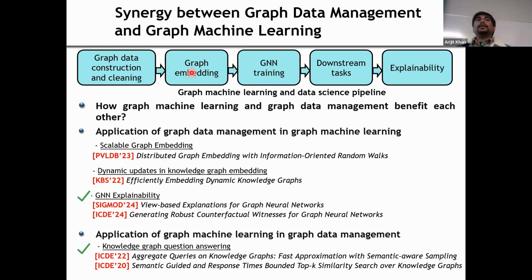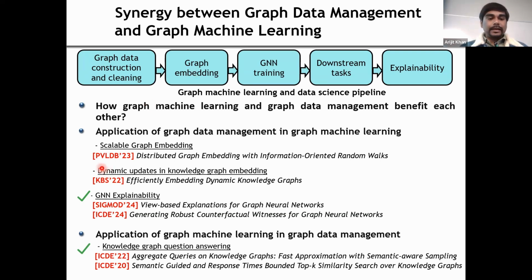Now, embedding learning or even training of a graph neural network is a very expensive process. And if your scale is very large, if you have a million scale graph, that's very, very slow. So how can we apply different data management algorithms such as sampling techniques, random walk-based techniques, etc., and also distributed systems to scale up this kind of embedding learning techniques?